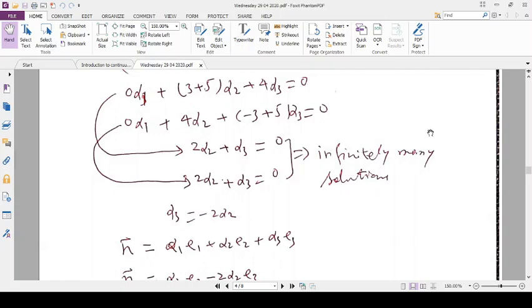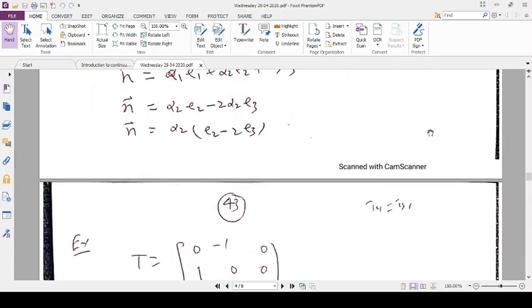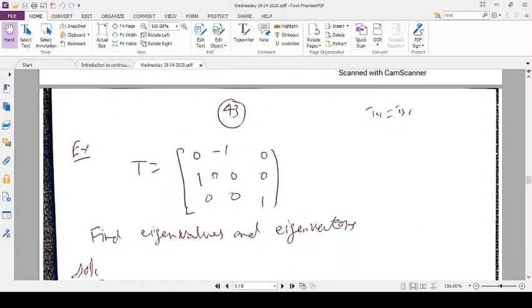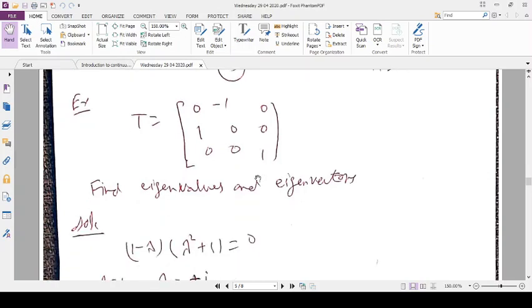And if your tensor is not symmetric, then it is possible that some of your eigenvalues are complex conjugates of each other. For example, we have seen here that this is not symmetric and this has maximum 3 eigenvalues, so 2 are complex conjugates of each other.